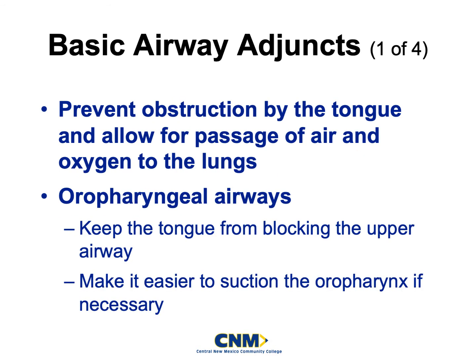Okay guys, so we do have some tools in our kit in order to help with securing the airway, and those are what we call our basic airway adjuncts. Basically, this is to prevent the tongue from sliding down into the back of the throat and occluding our airway for us, right? We have something called oropharyngeal airways, or what we call OPAs.